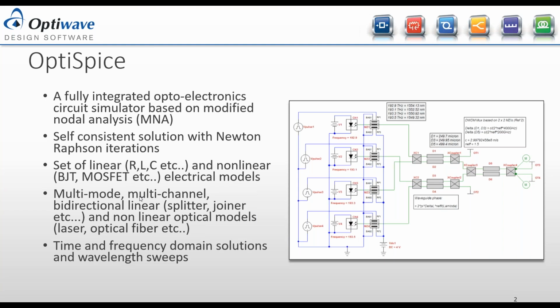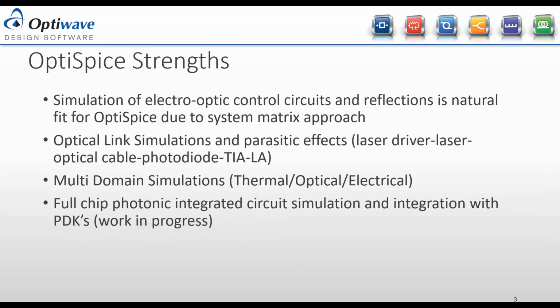On top of that, like I said earlier, we have optical signals, and these optical signals represent a mode, a frequency, and a polarization. And they're all bidirectional, so SPICE can handle all these internally. We do time domain and frequency domain simulations, and we can do wavelength sweeps with lasers. Doing the simulation this way has many advantages, and I'll go over some in the next slide.